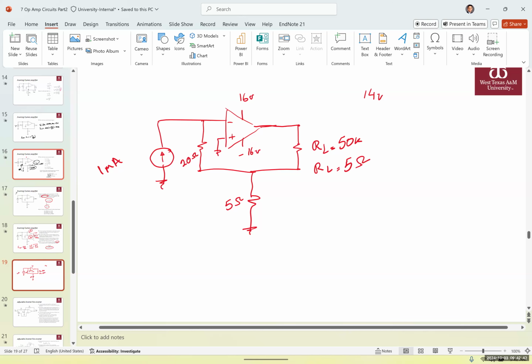First of all, I want you to find the maximum current in the output, how much it could be for the 50K and the 5 ohm. And I also want you to find I out for both of them. What is the output current for both of them?